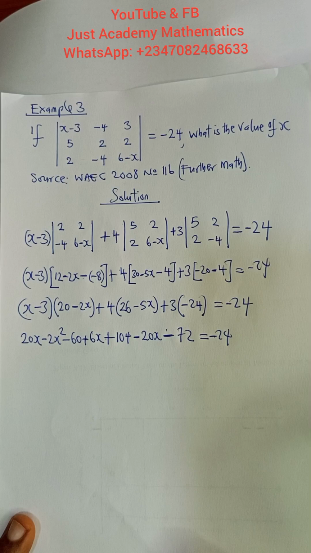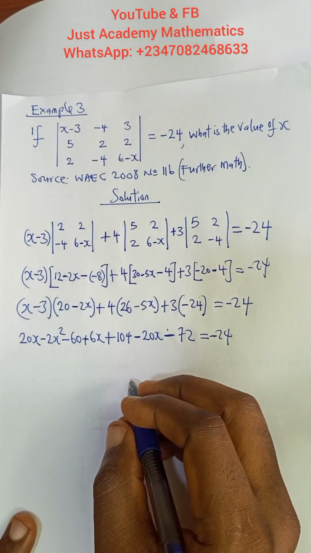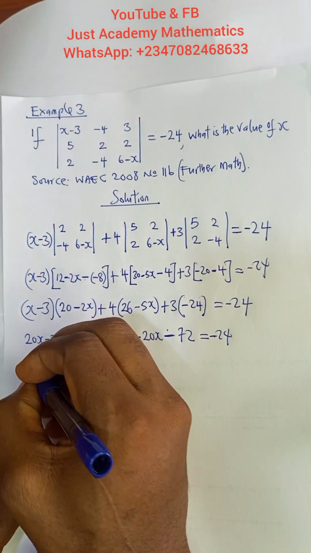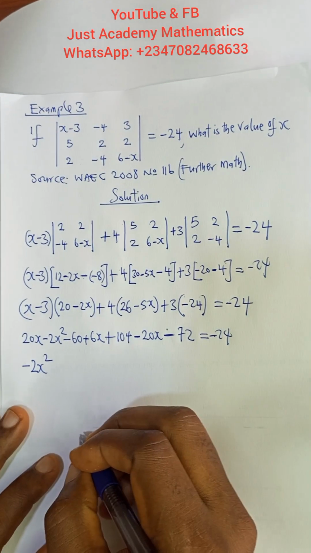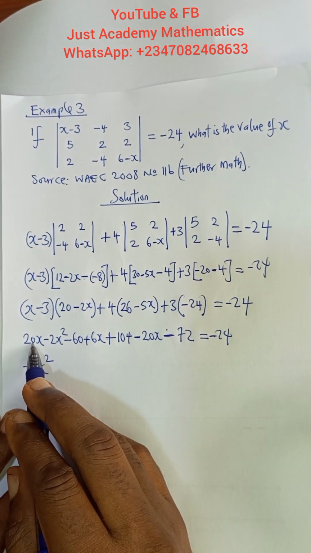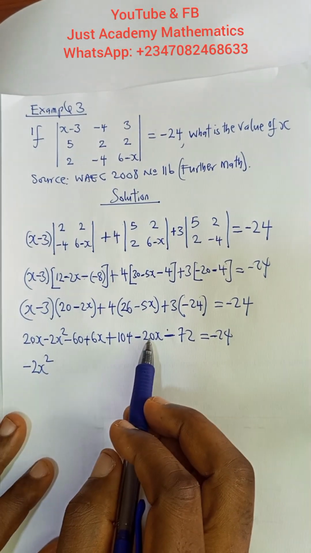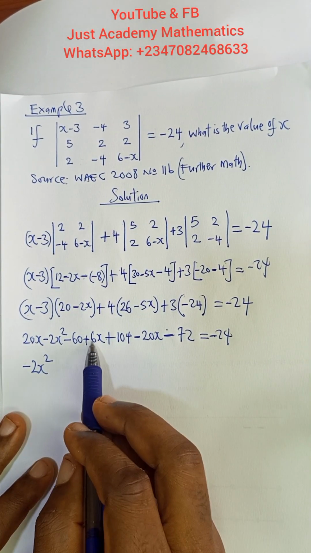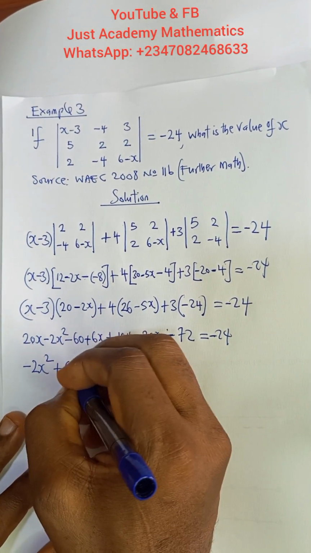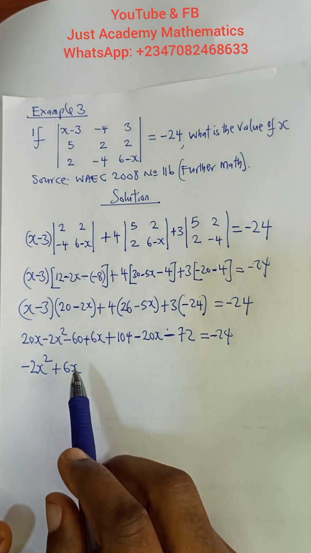Obviously, it's going to be a quadratic equation, so let's arrange it properly. We have minus 2x squared, then 20x plus 6x, or rather 20x minus 20x is 0, then we have plus 6x. Now let's take all the numbers.